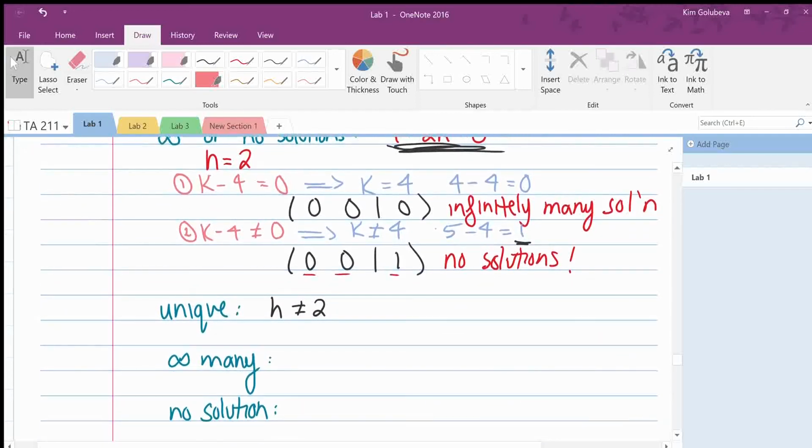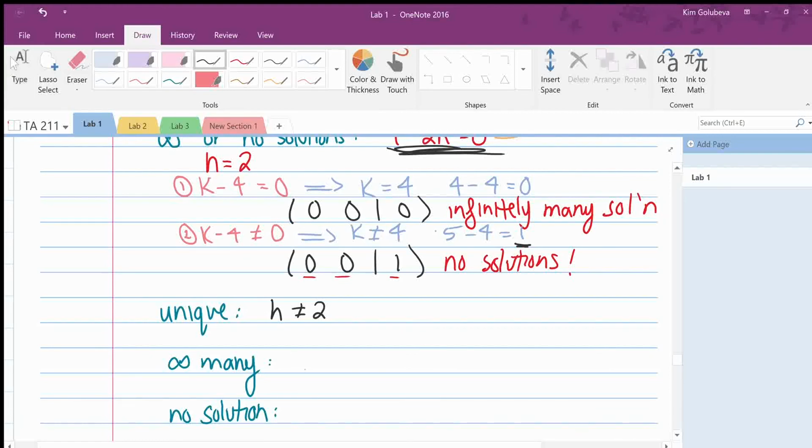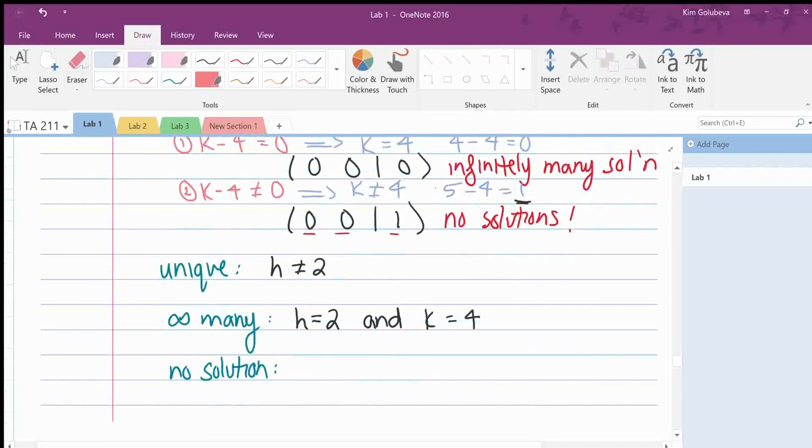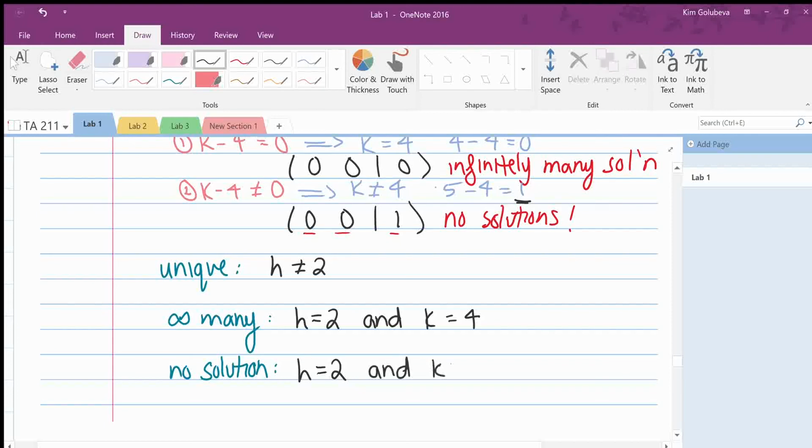There are infinitely many solutions when h equals 2 and k equals 4. And then there are no solutions when h equals 2 and k does not equal 4.